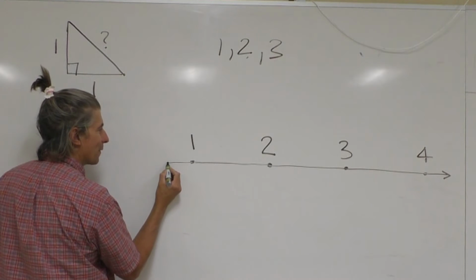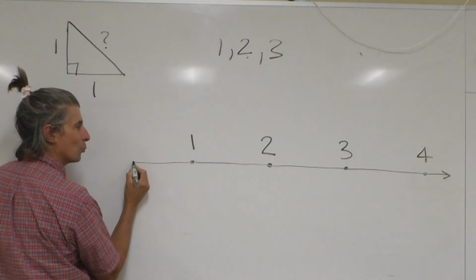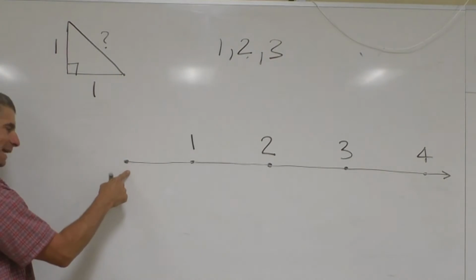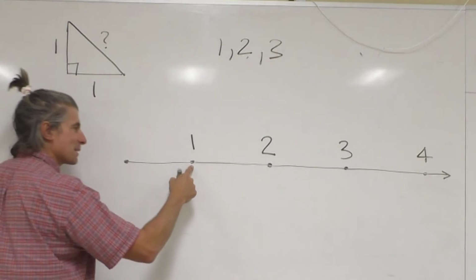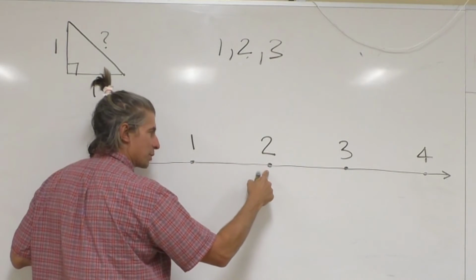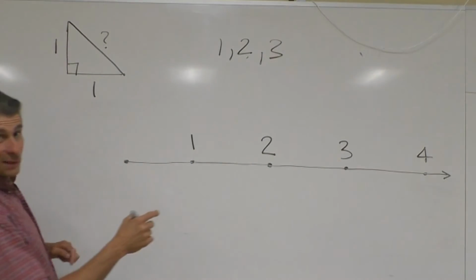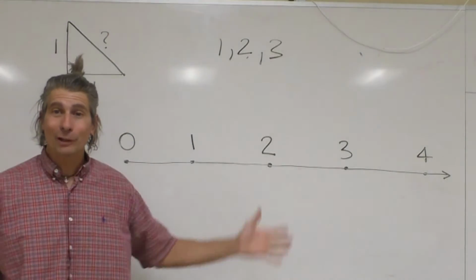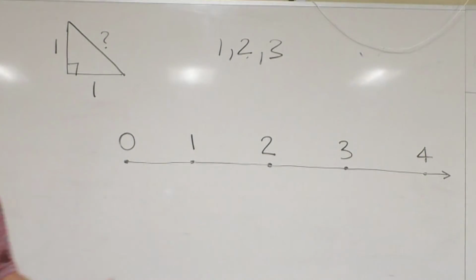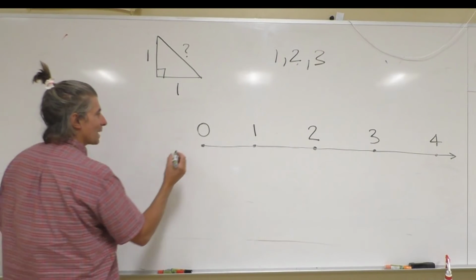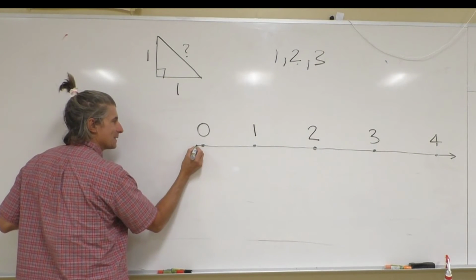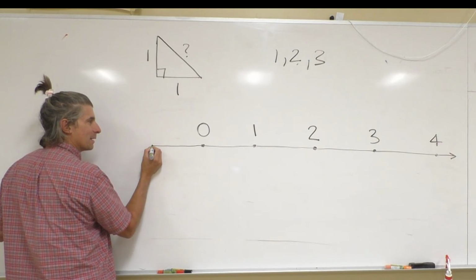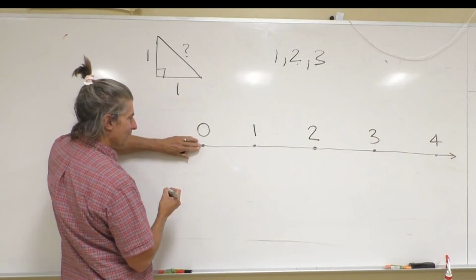That is where the history of 0 really comes in. There has to be something here that is the same distance from 1 that 1 is from 2. And once we had 0, and I say we, meaning the global community of mathematicians, it naturally led to the question of what is below 0. Should it stop there?